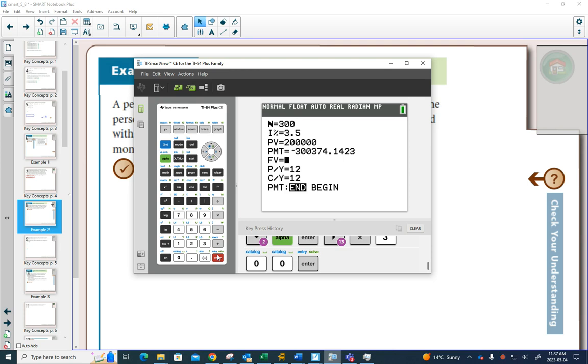So that extra 0.5% has already saved you $16,000.